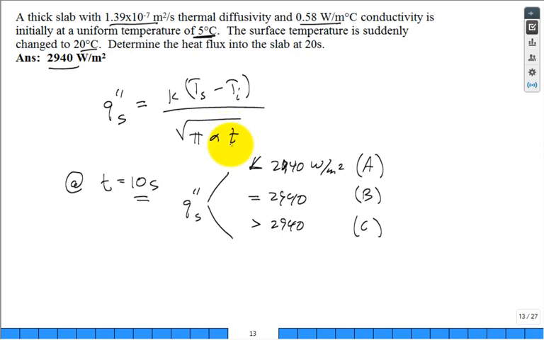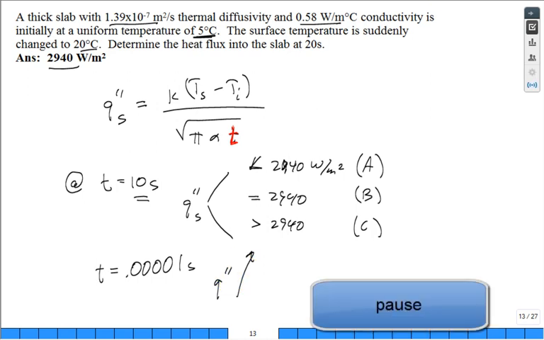The only thing that's changing is time, and you're going to divide by the square root of time. So if you're putting in a smaller time, right? How about this? Somebody says that time equal to 0.00001 second, is q double prime the same thing? Less than 2940, equal to 2940, or greater than 2940? Let's just play with that one.